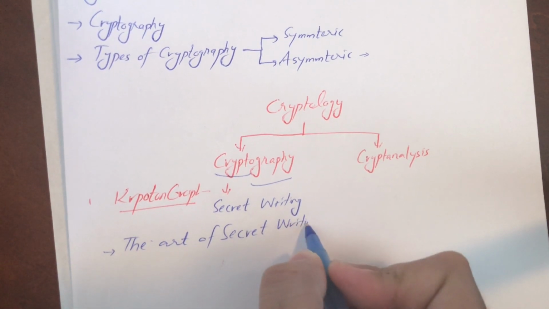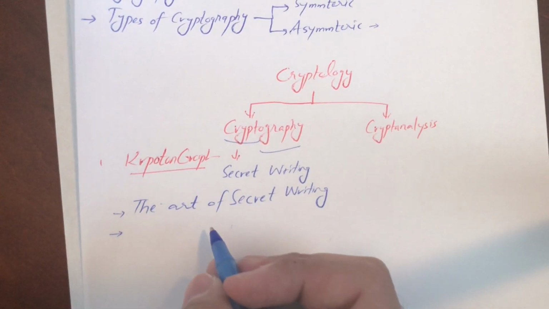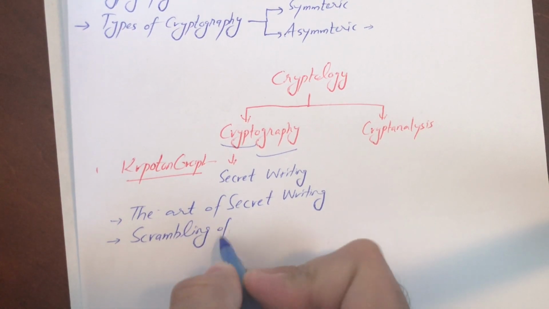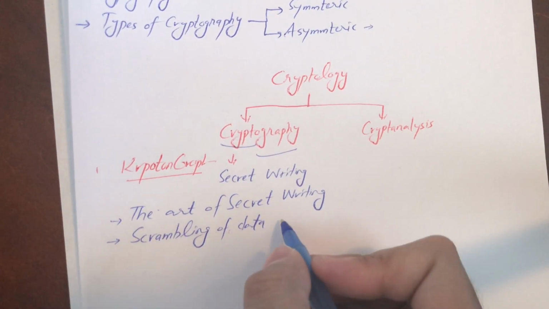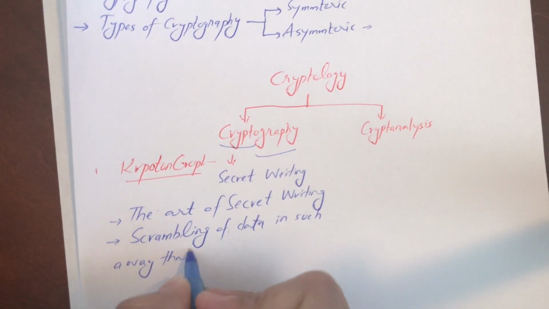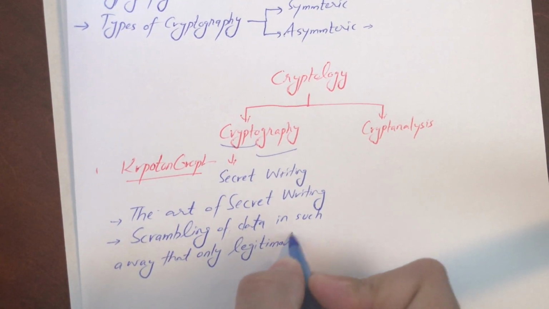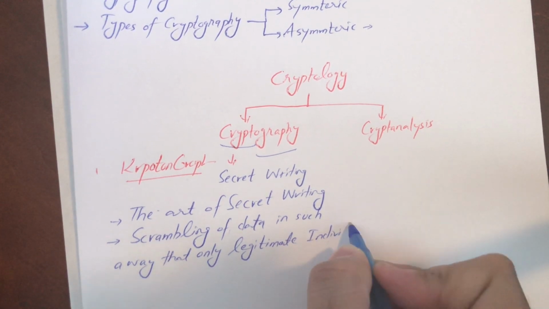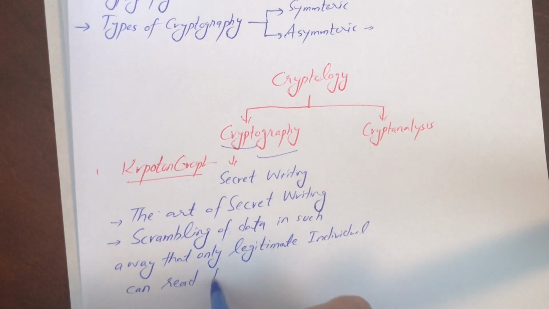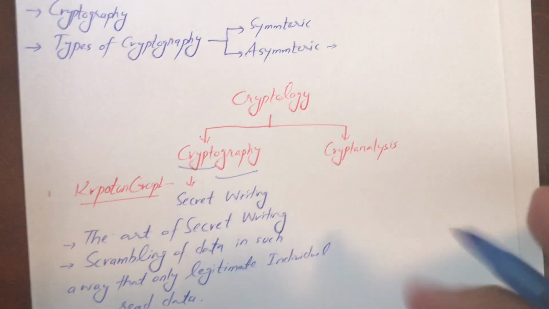Another definition of cryptography is basically scrambling of the data in such a way that only a legitimate individual can recover or read the data. So that's the definition of cryptography. I'll explain you in detail with examples.